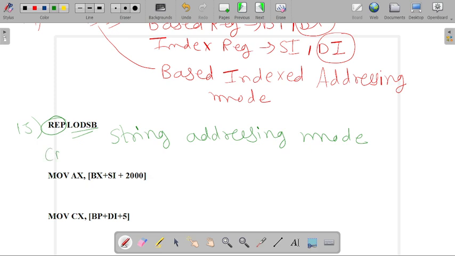So whenever there is CMPSB, then STOSB, then CMPSW, this type of string manipulation instructions in the example, you can write for this the addressing mode is string addressing mode.